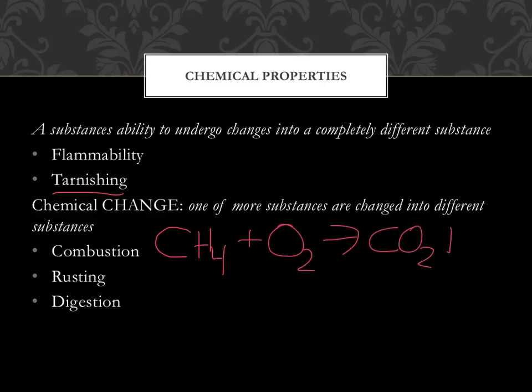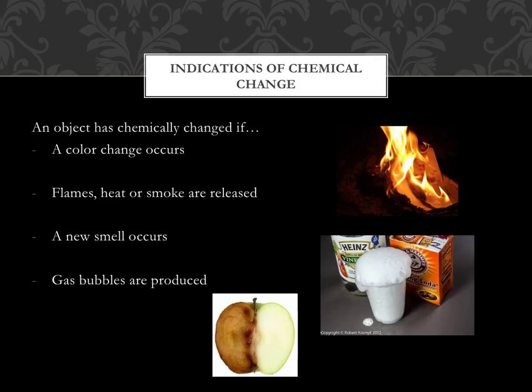Something new, and water, something else that wasn't there before. Okay? So, chemical change deals with the making of something new. Same thing happens in your body when you digest stuff, right? It gets broken down into something new. Something totally different that your body can use.